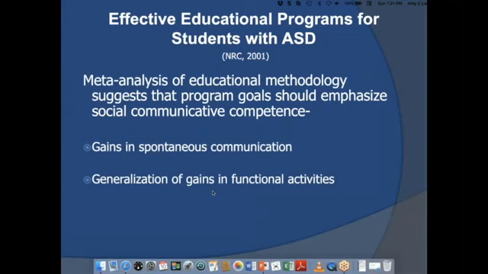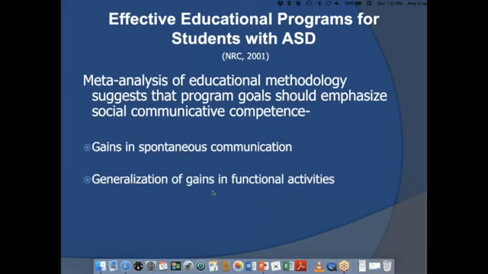The second part that the meta-analyses tell us when we think about social communicative competence is that we want to move towards generalization of gains within functional activities. So what does that mean? That means it's not just simply teaching a student or a child to do something in one setting with one person. It's helping them be able to use that skill that they're learning in a variety of different environments, with different people and different activities.